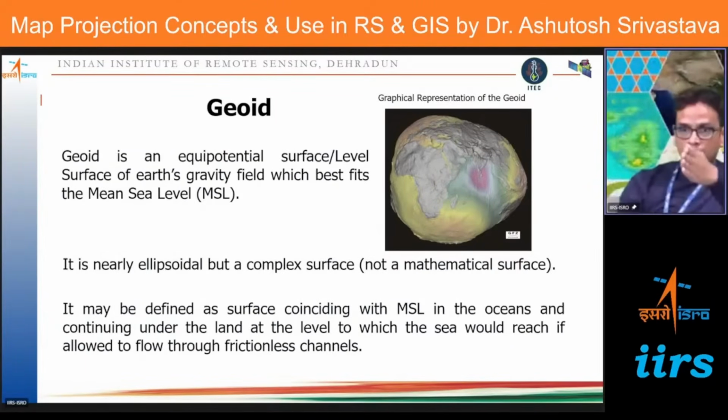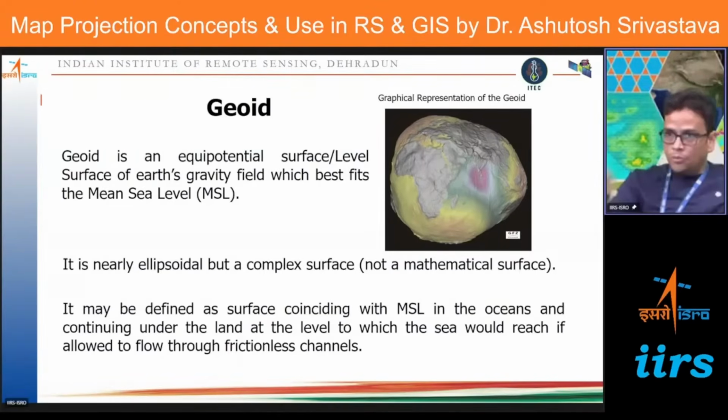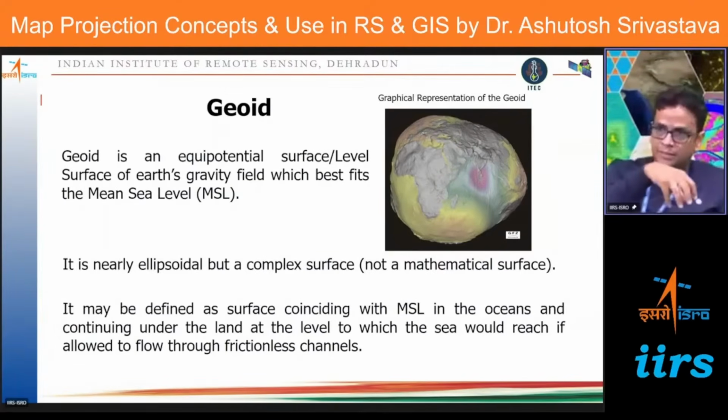So X will be the Greenwich meridian. Y will be perpendicular to the Greenwich meridian, and it will be in the equatorial plane. The Z axis, or the rotation axis, will be perpendicular to both axes, X and Y. That means we are making it more real. So this is called a datum. A datum depends on one ellipsoid. An ellipsoid is just a mathematical surface.